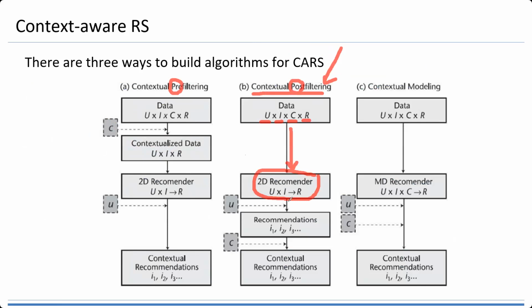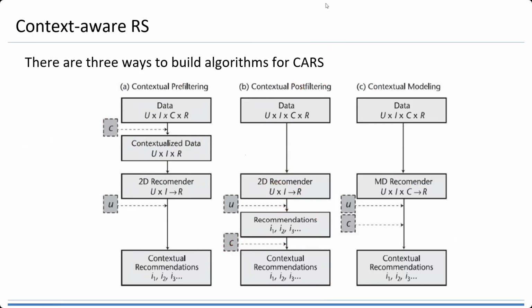And after you have those information from this data, we would like to recommend. After we recommend, we would like to extract based on the context. So the only difference is, we extract in the first time for the pre-filtering, or we extract the context at the last time.